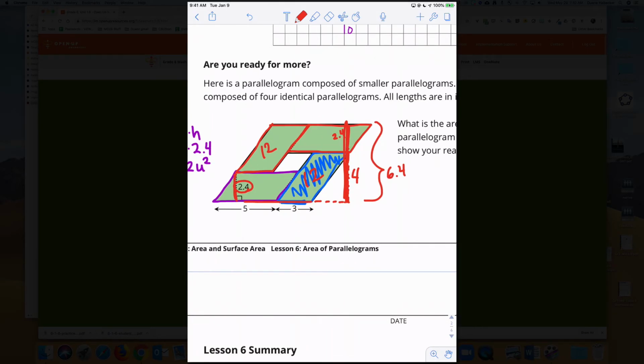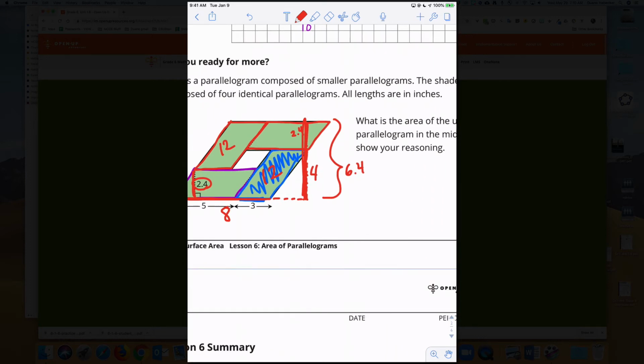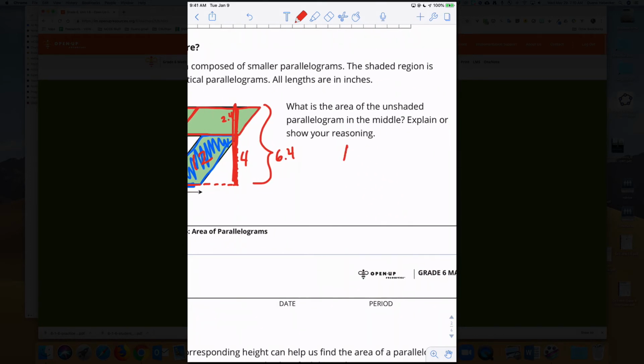We know that the base of this parallelogram, when I say parallelogram, I'm now talking about the huge parallelogram, is 8. And since the base is 8 and the height is 6.4, all we have to do is find the area by multiplying 8 times 6.4.